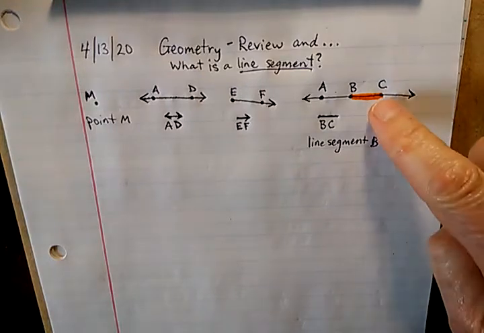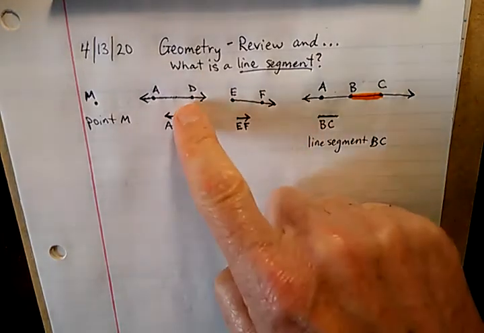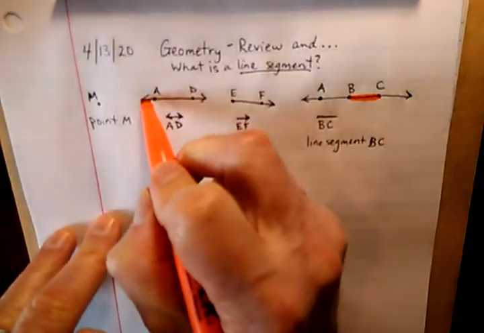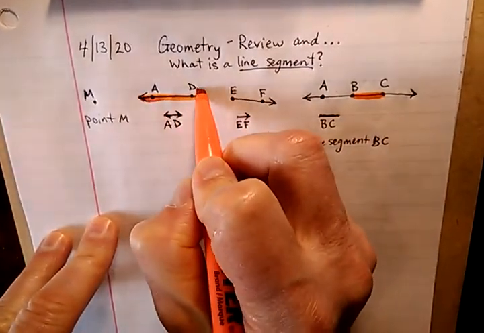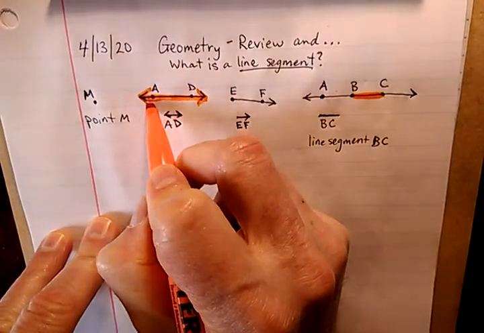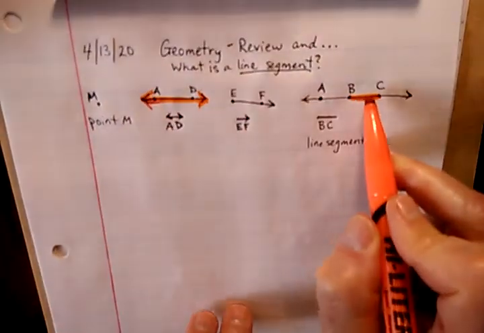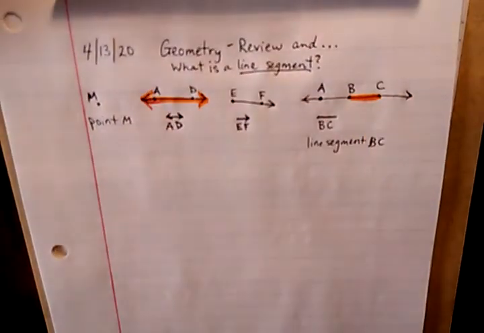The difference between a line segment and a line is that the line includes everything going in both directions forever and ever, all of it. Whereas the line segment is just the part of the line that we are referring to.